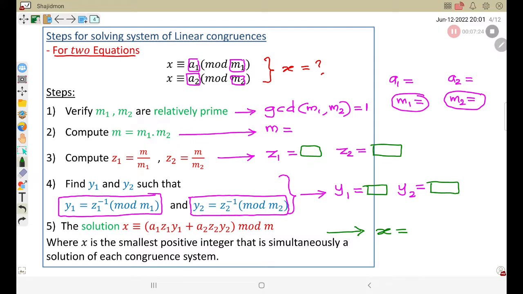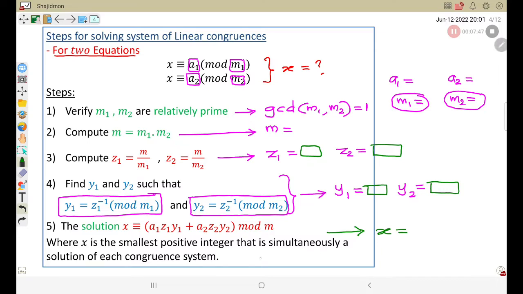So this is the solution of that linear congruence system by using the Chinese remainder theorem, where x is the smallest positive integer that is simultaneously a solution of each of the congruences. Here we are finding only the unique solution, that is the smallest positive integer solution.